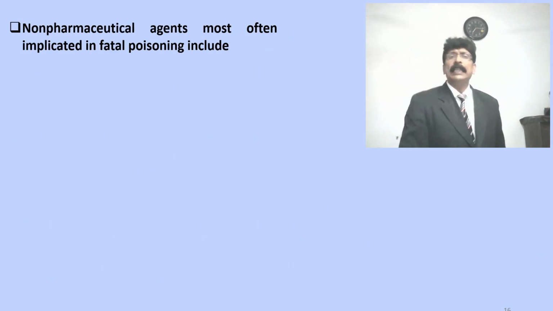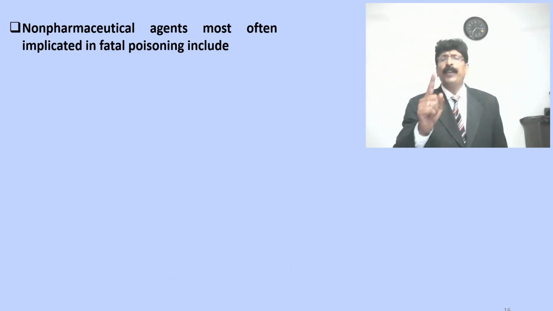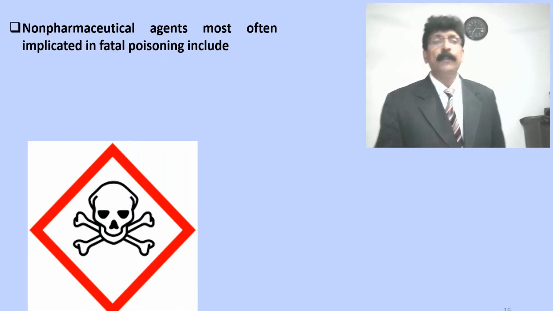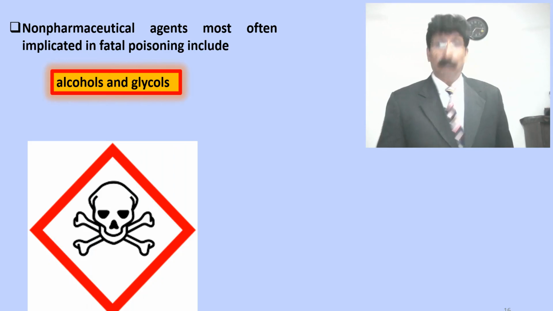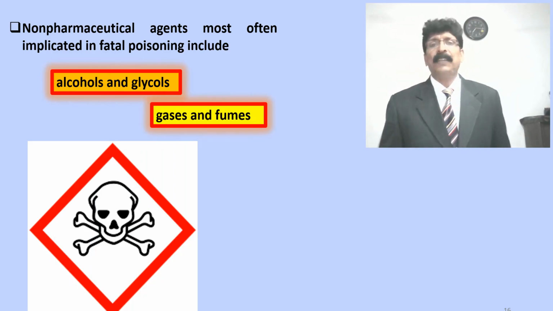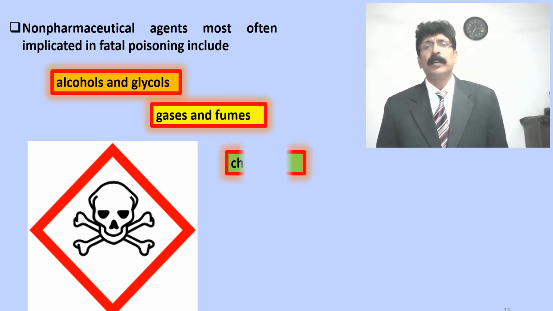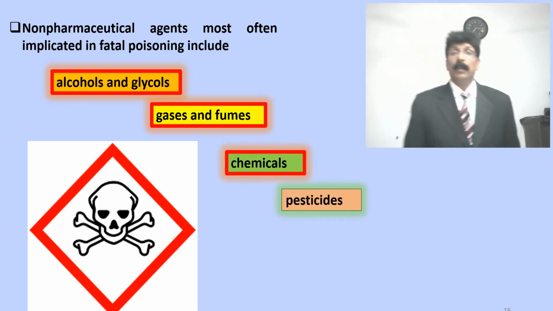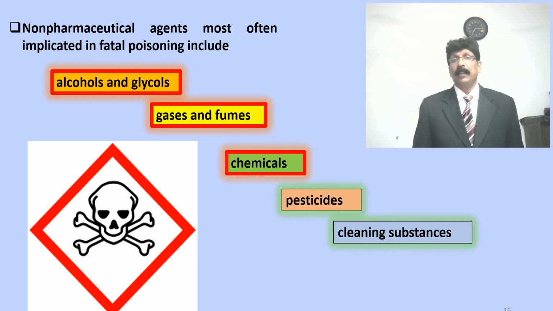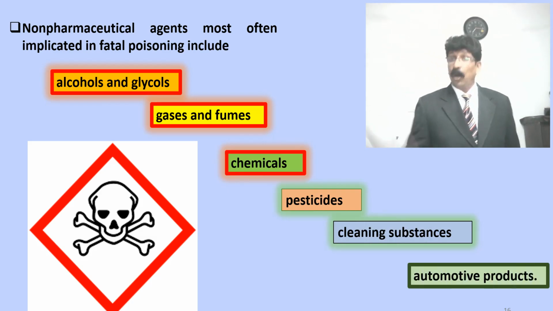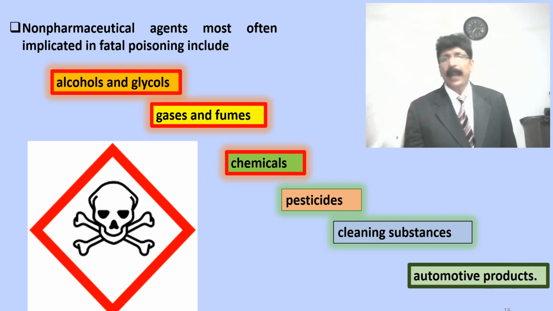Non-pharmaceutical agents most often implicated in fatal poisoning include alcohol and glycols, gases and fumes, chemicals, pesticides, cleaning substances, and automotive products for cars and bikes.